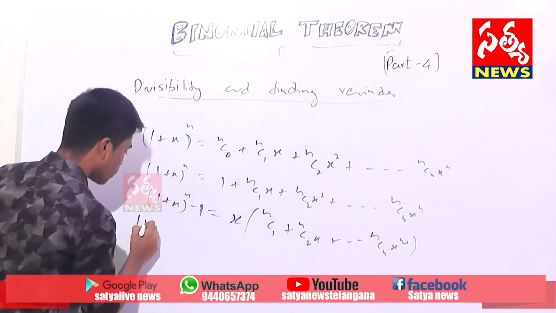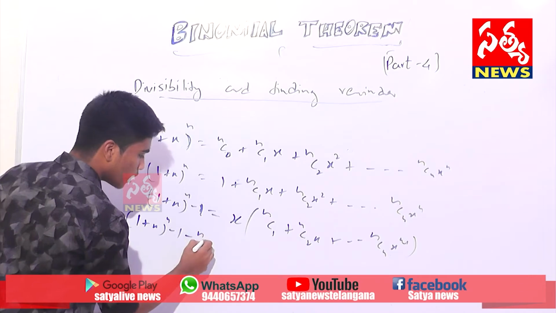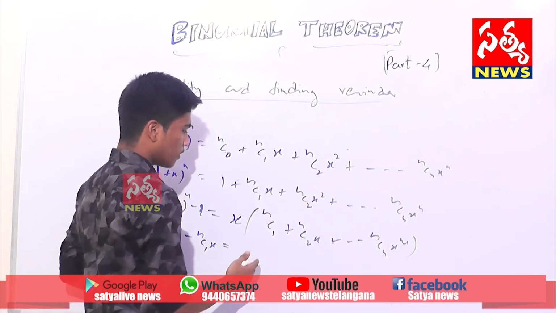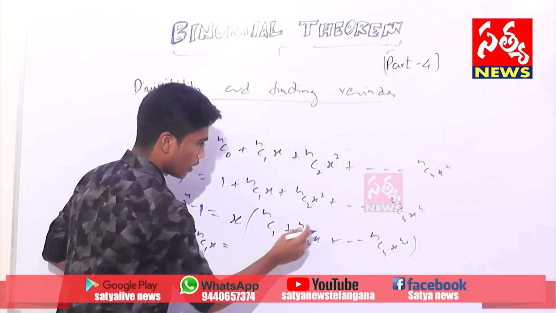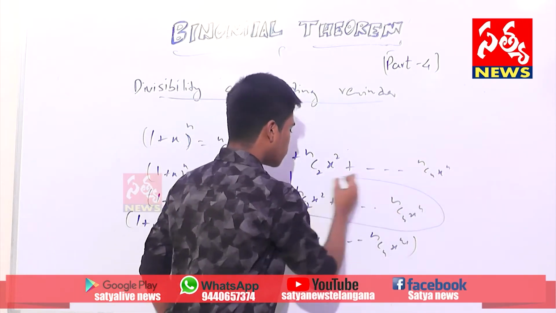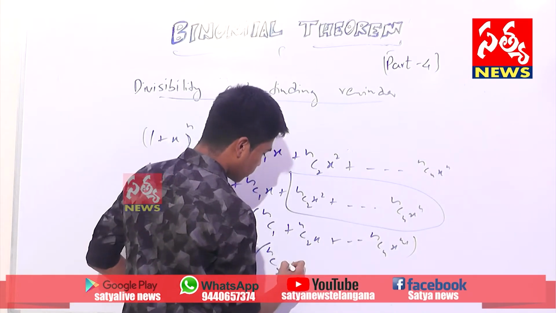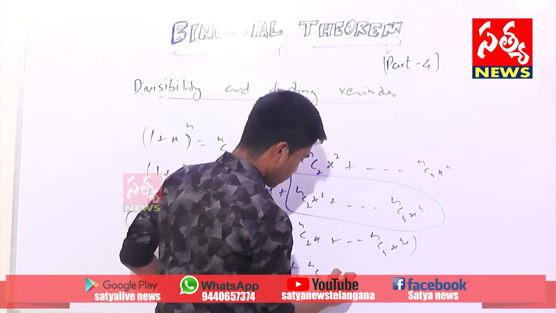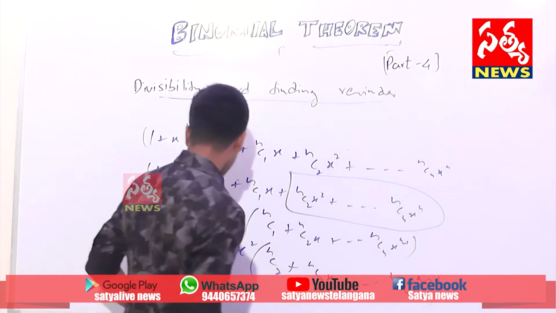Similarly, if we take (1 + x)^n minus 1 minus nC1 x, so I am taking these two terms to the LHS, and now in all these terms we can take x square common. x^2 into nC2 + nC3 x + and so on up to nCn x^(n-2).